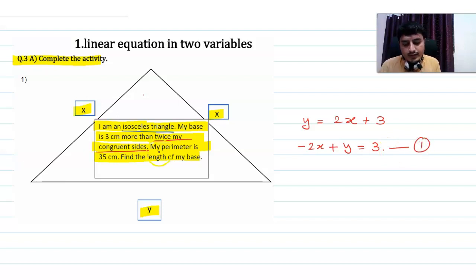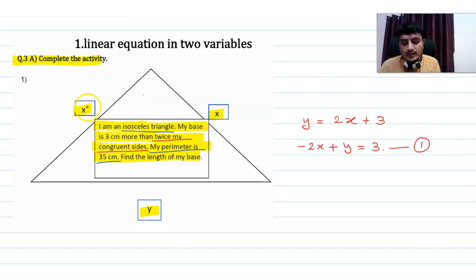Now look at the next condition. We have been given that my perimeter is 35 cm. Now what is meant by the perimeter of any polygon? We might say the sum of all sides is known as the perimeter of a polygon. Here the polygon is a triangle, an isosceles triangle.